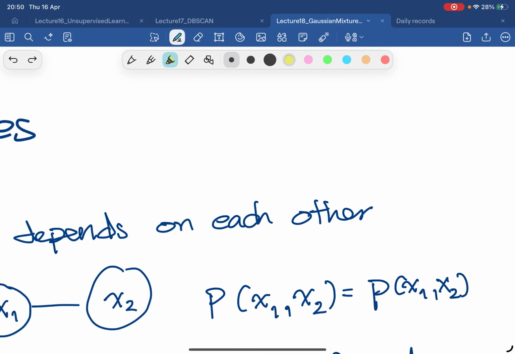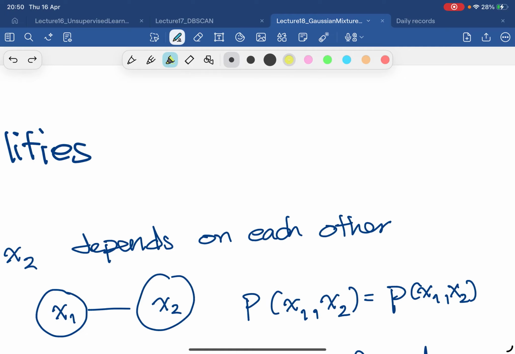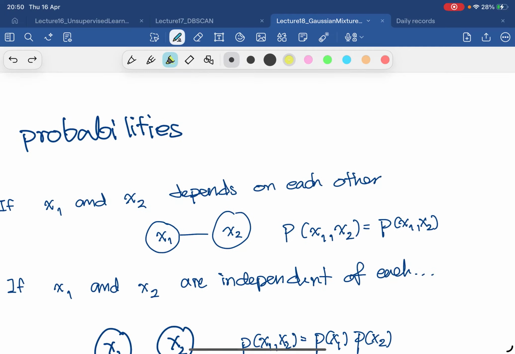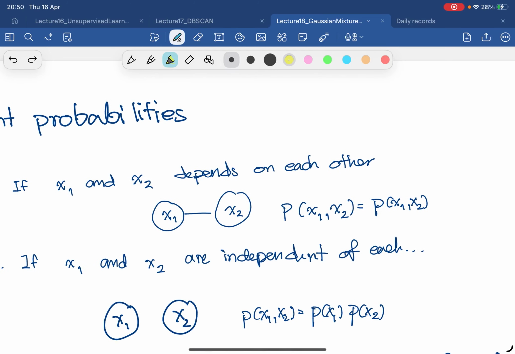I made this a bit redundant by writing it twice because I want to show you what it's like if two random variables are independent. If they are independent, then we remove the line connecting them, and we can simplify the joint distribution p(x1, x2) to p(x1) times p(x2), right?